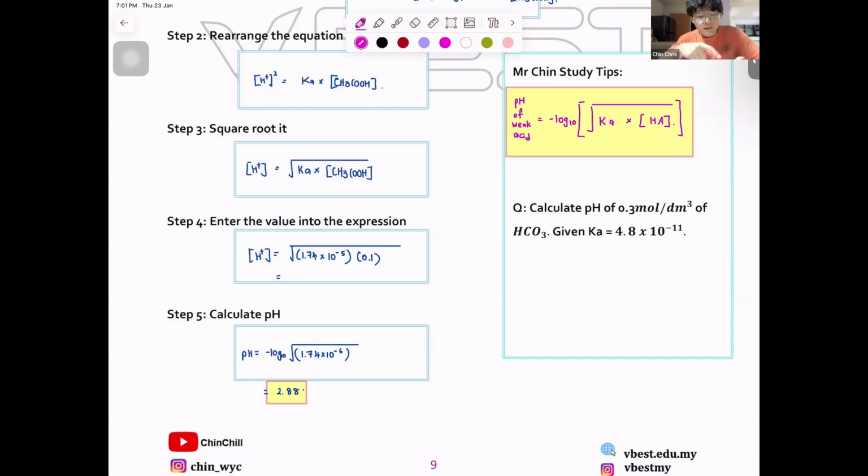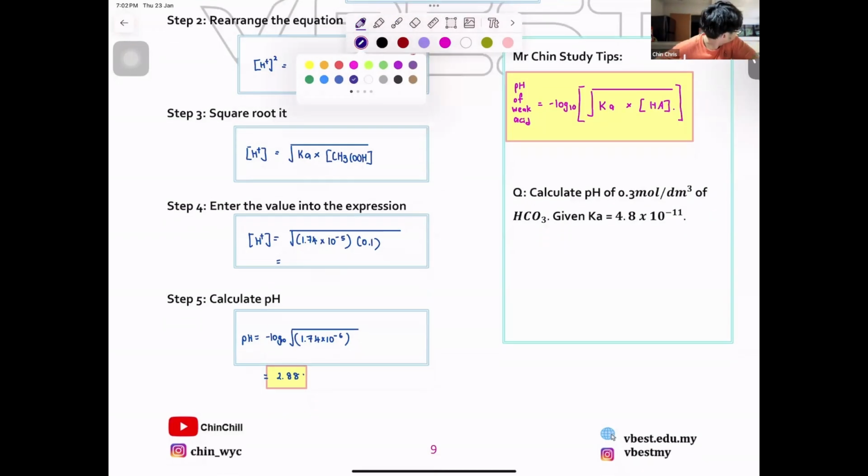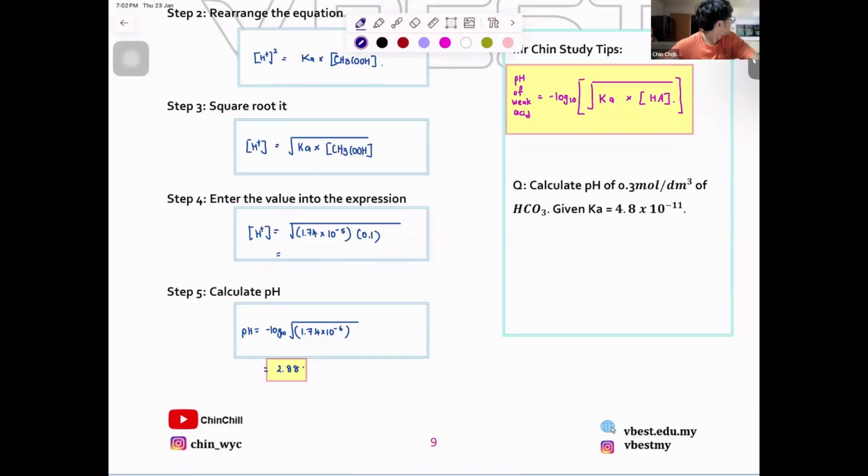The next part is going to kill you guys: the pH of a buffer. What's your answer, guys? The second one.